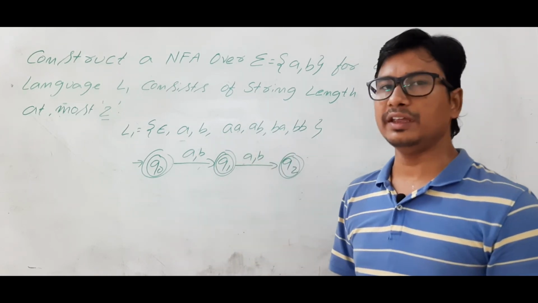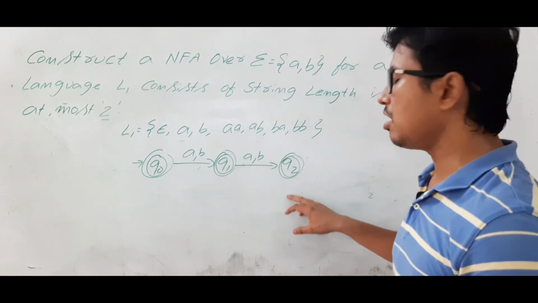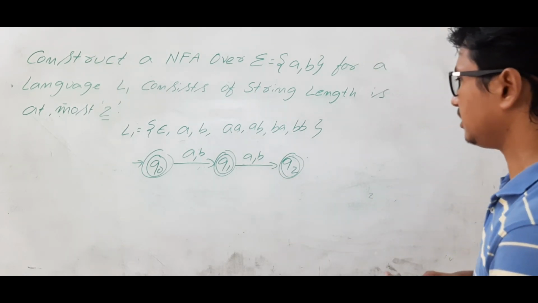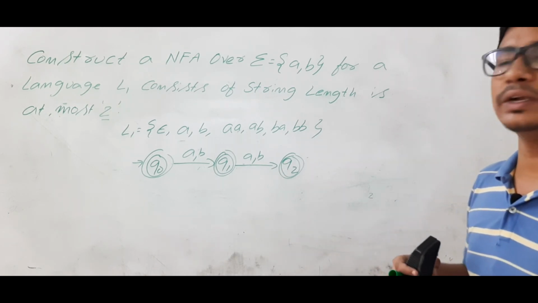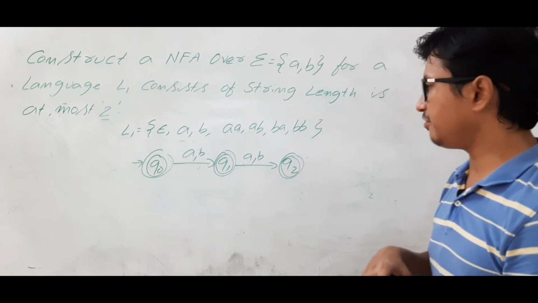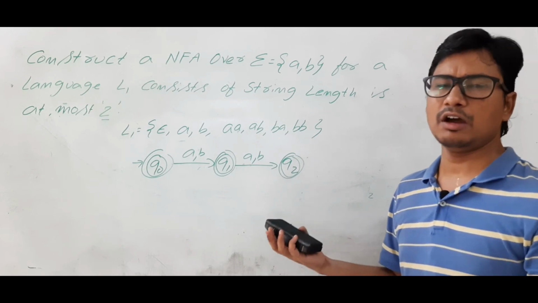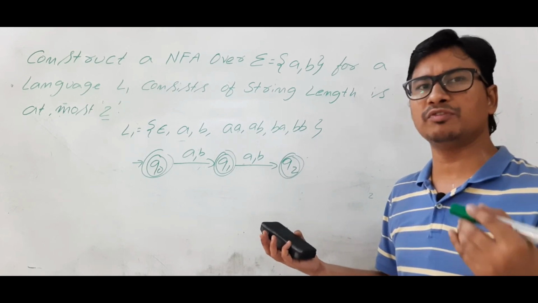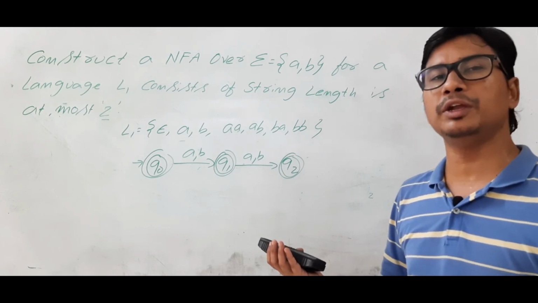This is the NFA. If I construct the DFA for this language, on Q2 on A and B, you will go to a dead state. If you want to check it, you can, because in the NFA, on Q2 on A and B, we have not specified anything. What is the NFA property? From a state on an input alphabet, you can go to more than one state or you may not go to any state.